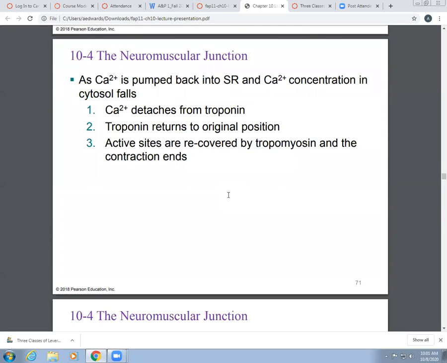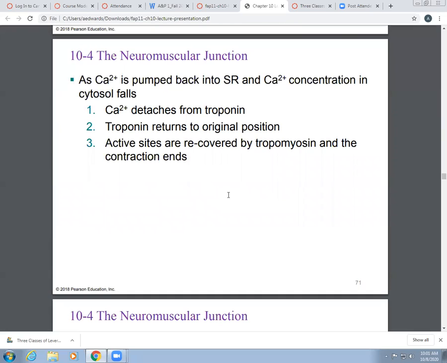So as calcium gets pumped back into your sarcoplasmic reticulum, and your calcium ion concentration in your cytosol goes down, your calcium ions are then going to detach from troponin. Your troponin is going to return to its position.